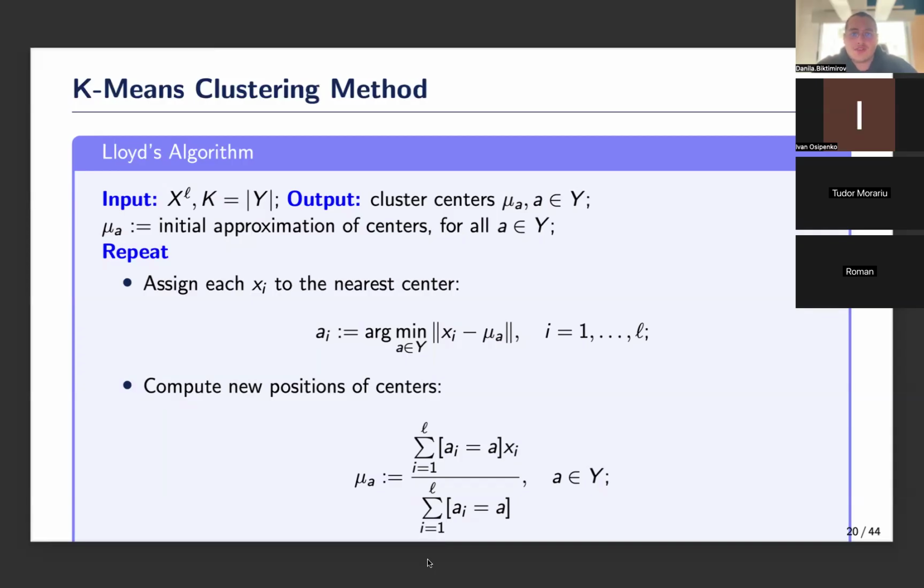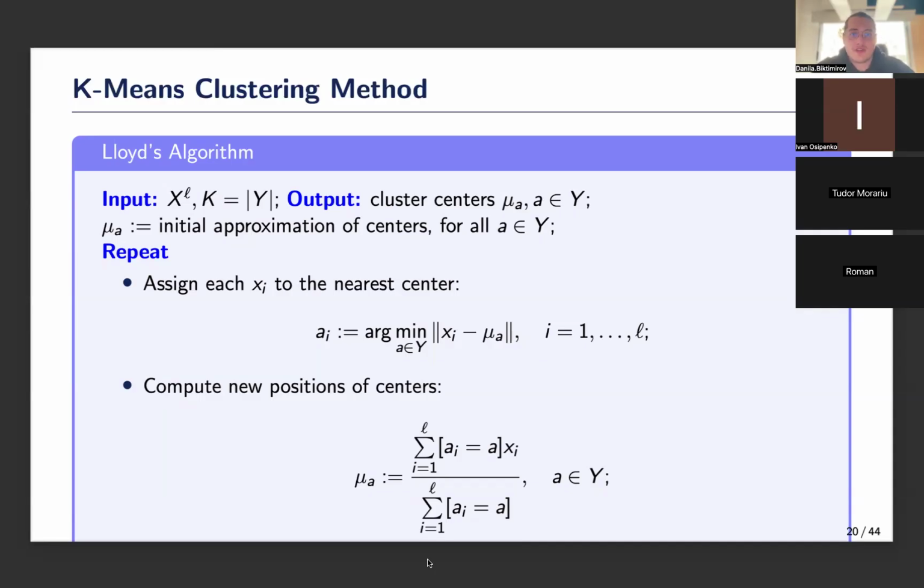Each object in the dataset is assigned to the cluster whose center is the closest to the object. Then the cluster centers are calculated as the arithmetic mean of the feature vectors of all objects that belong to that cluster, so, for example, the center of mass of the cluster.